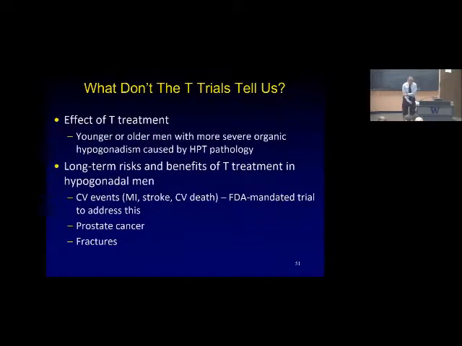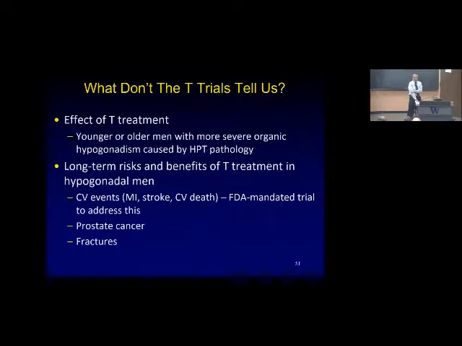What don't the testosterone trials tell us? They don't tell us what happens when individuals are younger or have more severe organic causes of hypothalamic pituitary or testicular pathology. They don't tell us what the long-term benefits and risks are, which all clinicians are really interested in, particularly the cardiovascular risk as well as the prostate cancer risk.